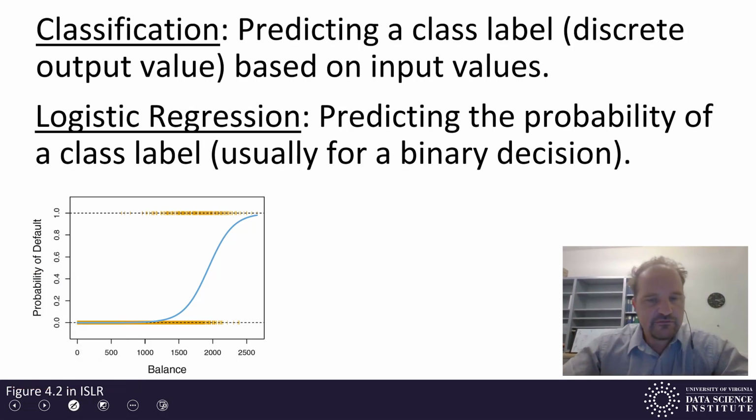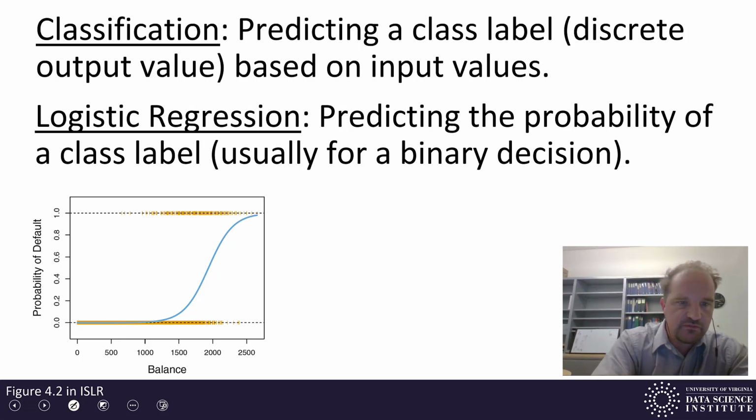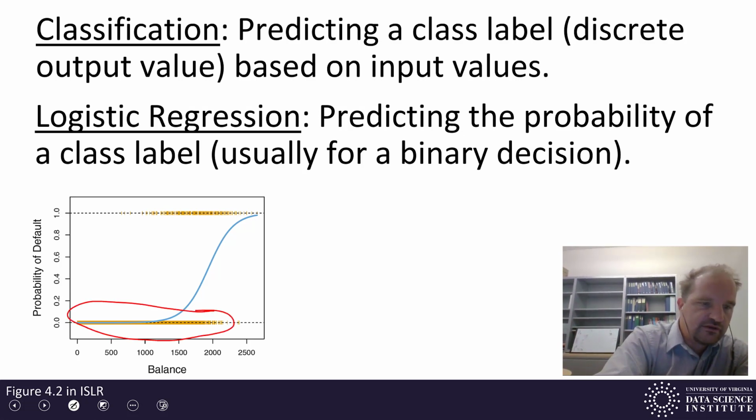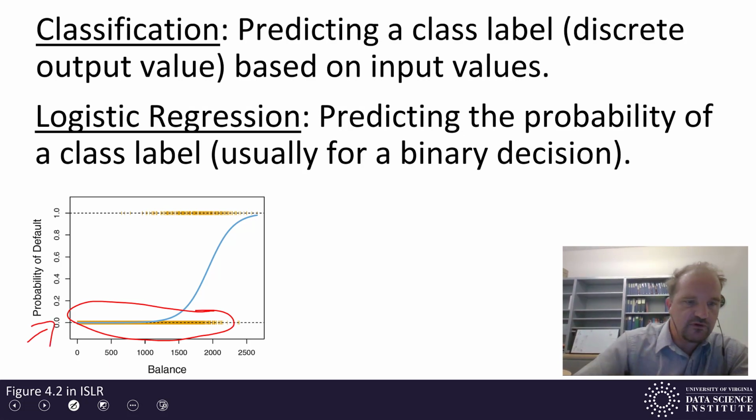This plot in the lower left shows us an example of logistic regression predicting the probability of defaulting on a loan. The way this plot works, the training data is shown in these yellow plus signs. We have a bunch of training data where we know the loan holders did not default, and these are shown down at the bottom, and because they did not default, their probability of defaulting is 0.